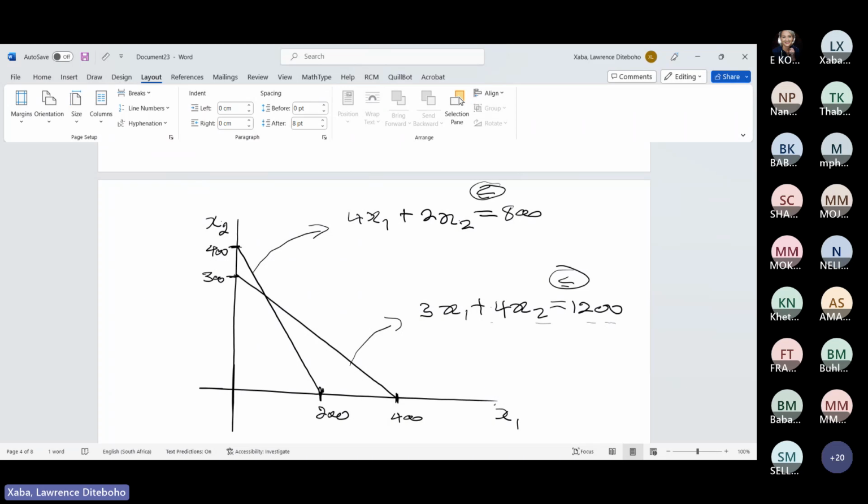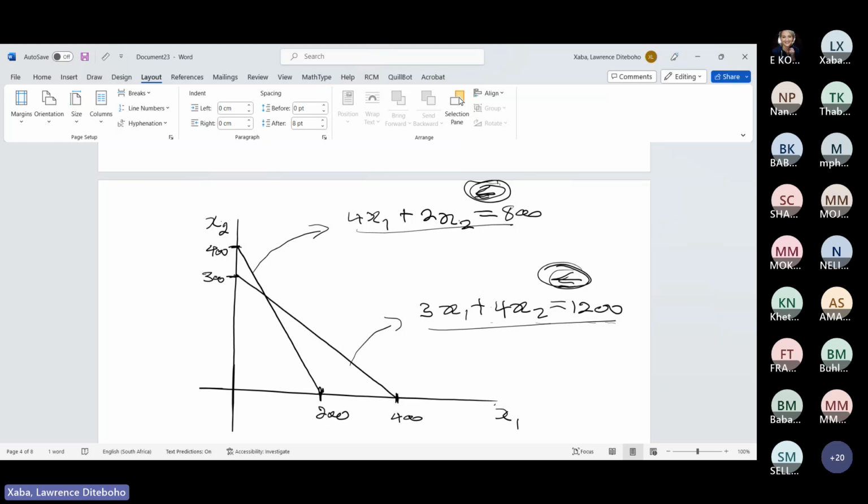We can see the two signs are the same, and they say less than or equal to. It means we're moving inside. So we are going to shade according to the direction of the inequality sign. Even this one is less than or equal to.